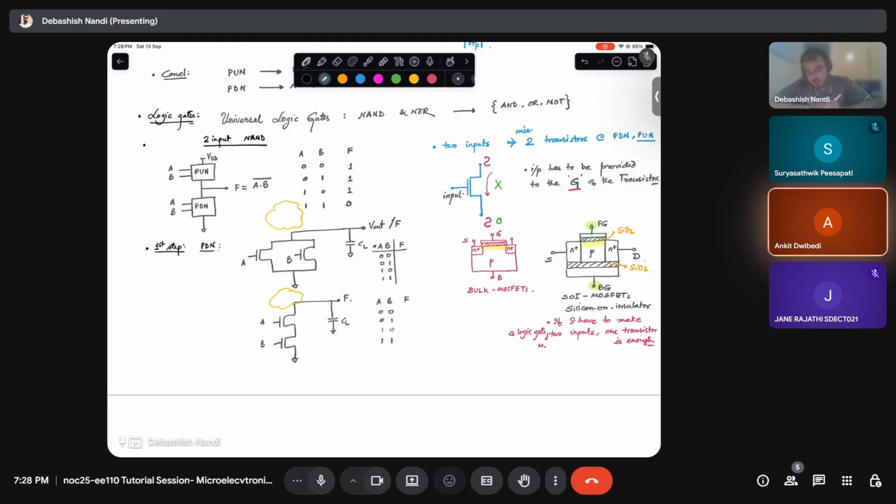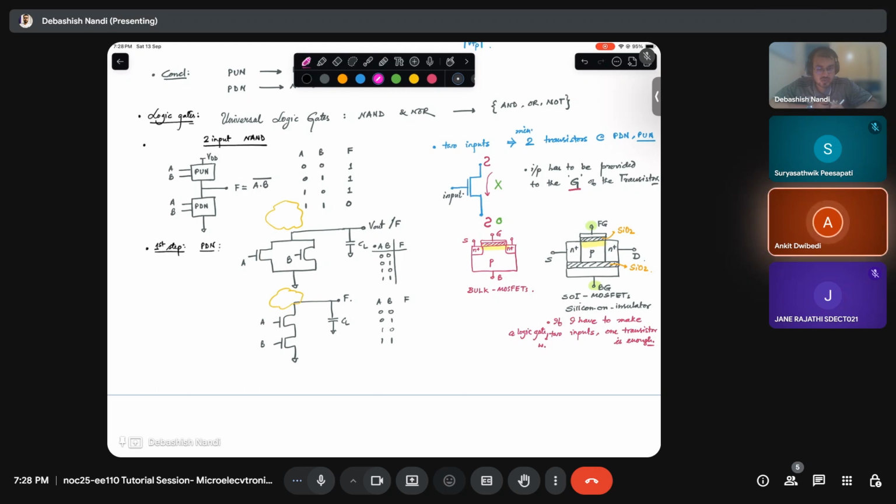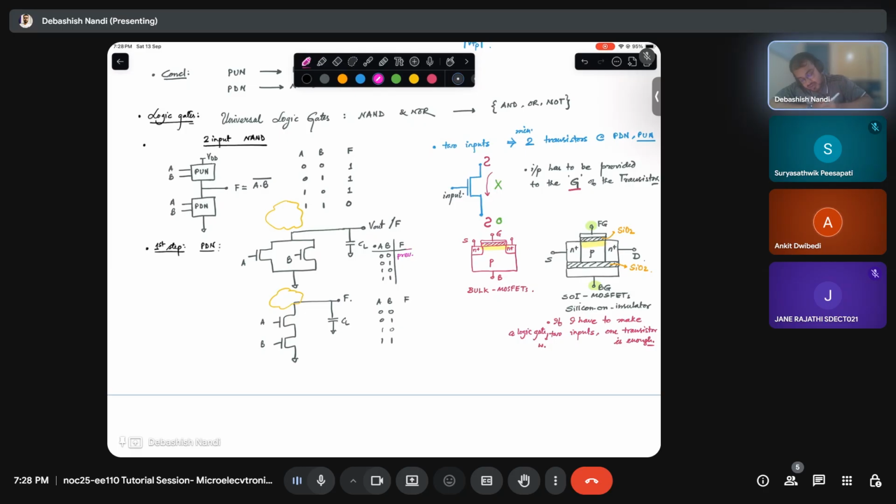Off. So what will be my F? 0. Why 0? If the voltage level is at, it will have the previous value, right? Whatever is happening at this node, let's say earlier it was 0, so it will have 0. If earlier it was 1, it will be 1. So what do you expect of your pull down network? When do you expect your pull down network to get activated? When the output is 1 or when the output is 0?